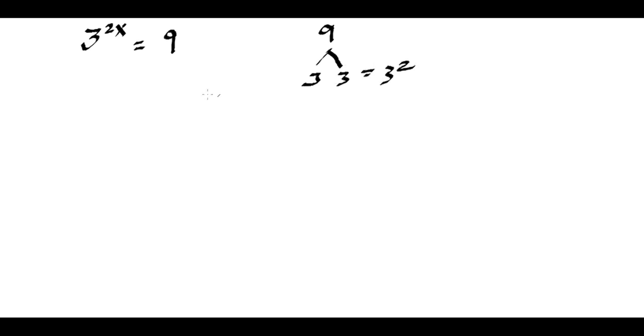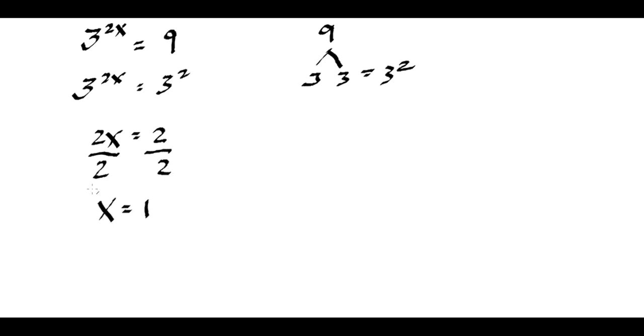So that is 3 squared. So we have 3 to the 2x power is equal to 3 to the 2nd power. So that will be 2x is equal to 2. Remove 2, so divide by 2. Divided by 2. So x will be equal to 1.